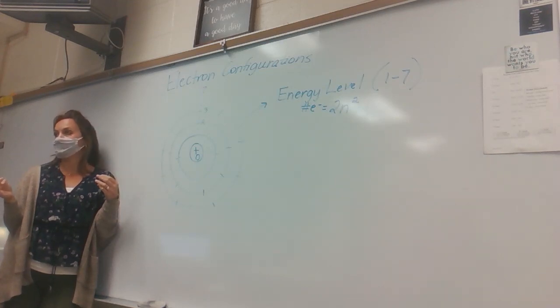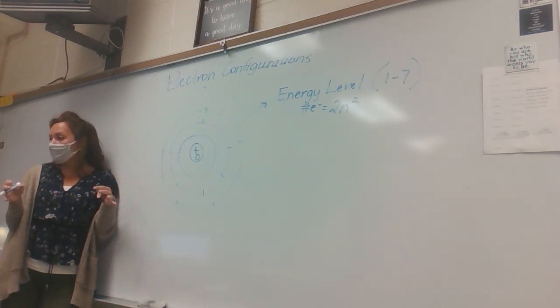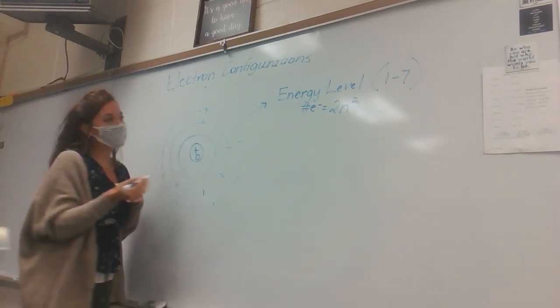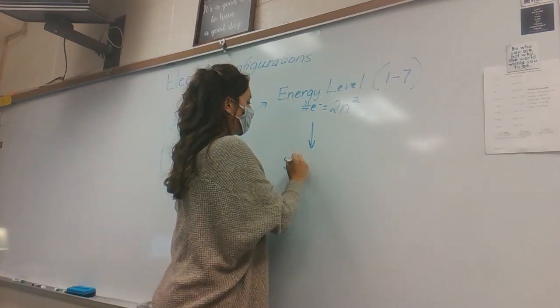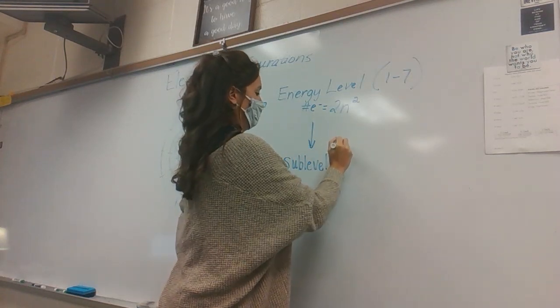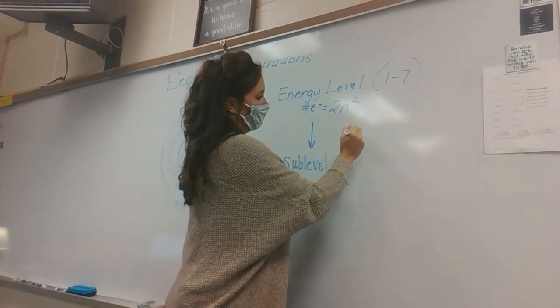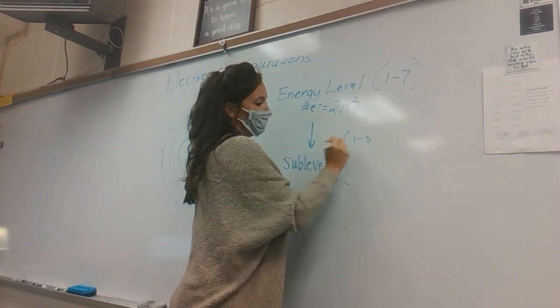We're getting there. Okay, so 1 to 7 are our energy levels, and then inside energy levels, we have sublevels. Energy level 1 has an S sublevel.